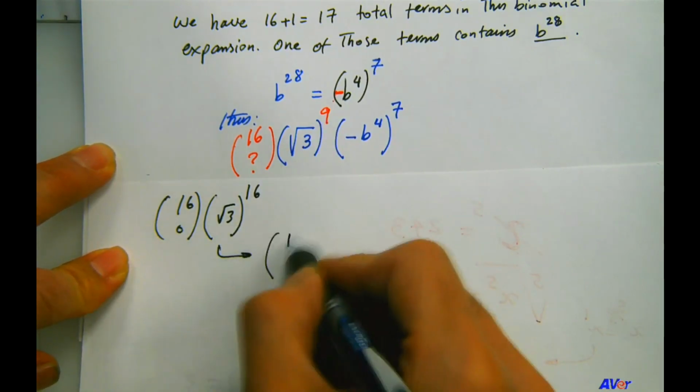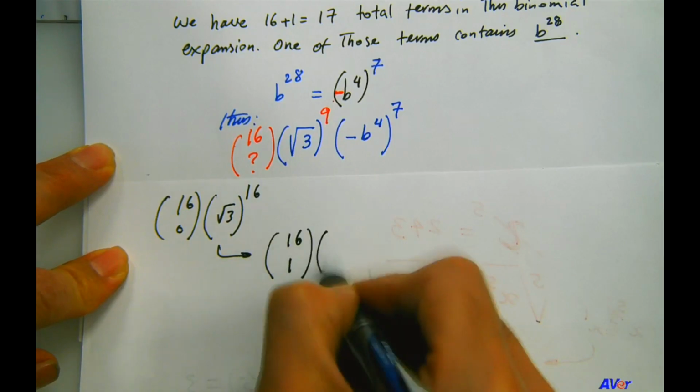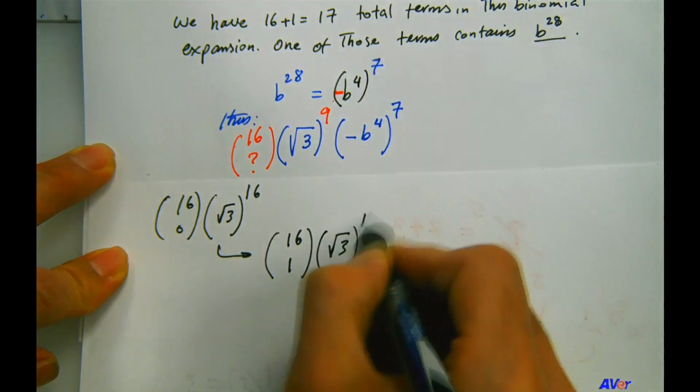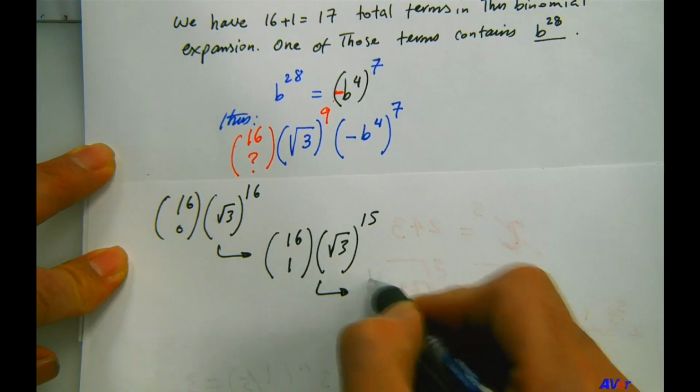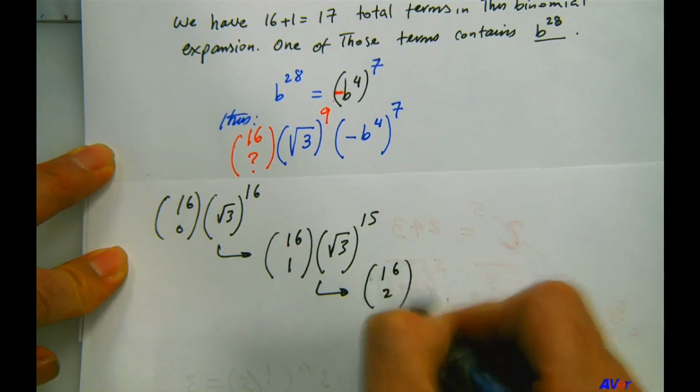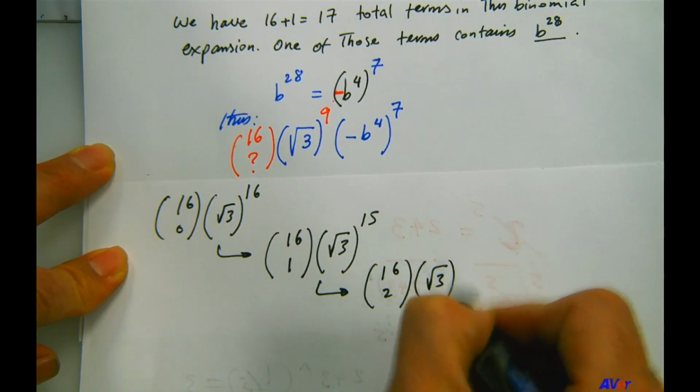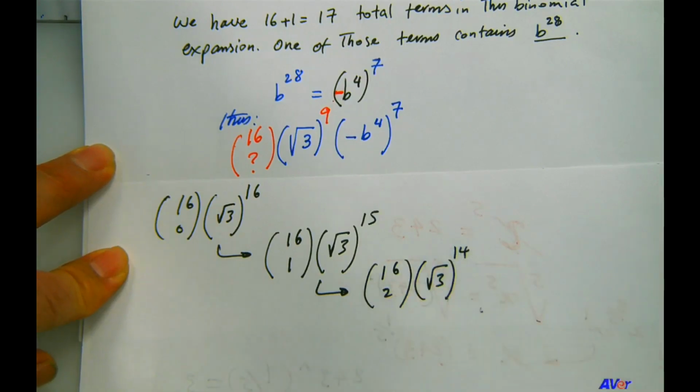So we go to 16 choose 1, square root of 3 to the 15th power. 16 choose 2, square root of 3 to the 14th power, right?